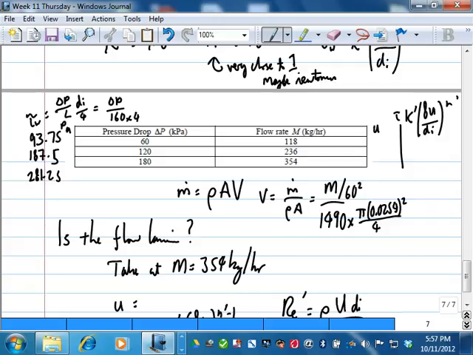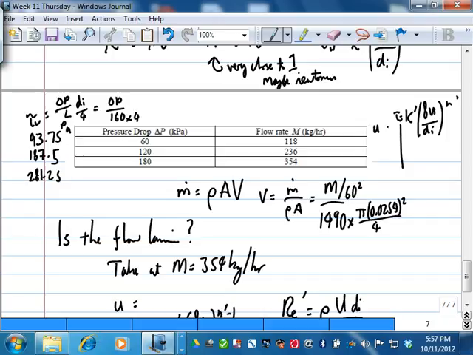What's M? U mean? M is 118, 236, 354. Try all three. First one, 156 meters per second?